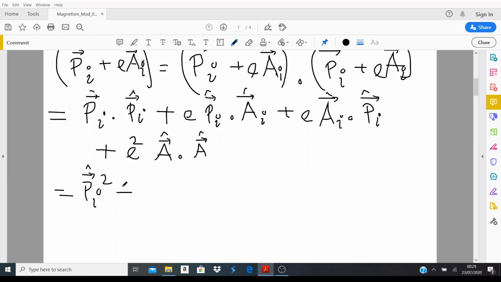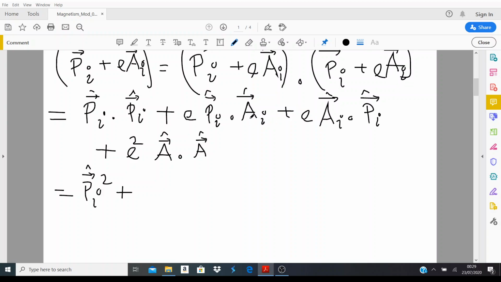Now let's examine what we have in these two terms, right? This is an operator, that's another operator. So in this expression we have Pi first, then Ai, and in this expression we have first Ai, then Pi, right? And I told you before, as these are operators, there is no guarantee that P dot A is equal to A dot P, right?